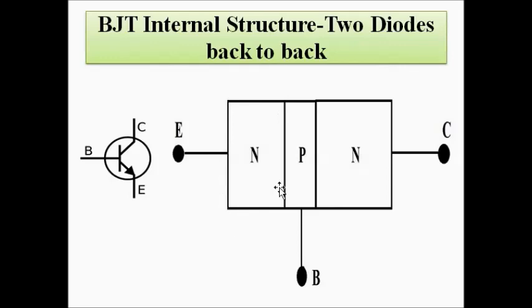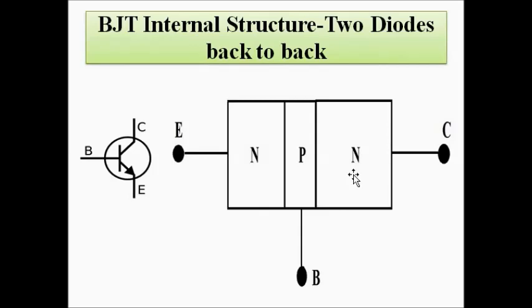Similarly, if you neglect the emitter block, cut it out, and just consider the base and the collector block, this p-type and n-type block, it can again be viewed as a PN junction block or a PN junction diode.